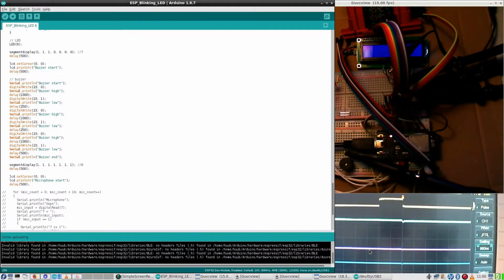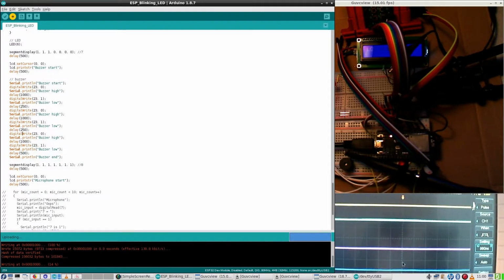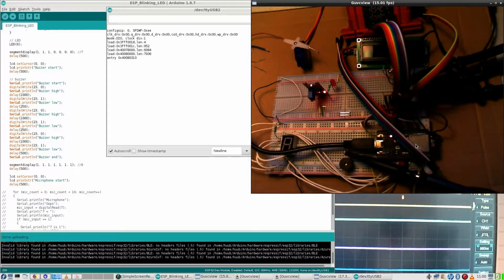So this is with digital write. I haven't uploaded this one, so let's do that first. But I thought, what is the result when I use analog? So let's first upload. Let's get another tone out of it, if possible, and why not?